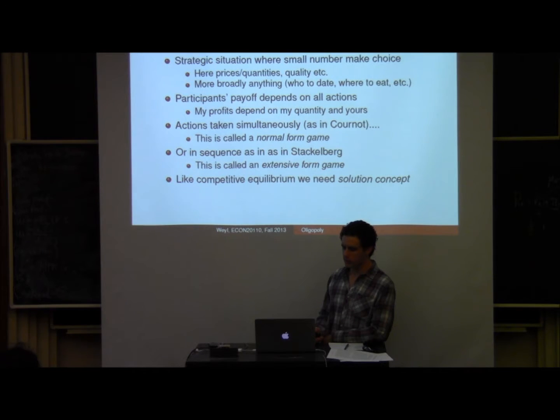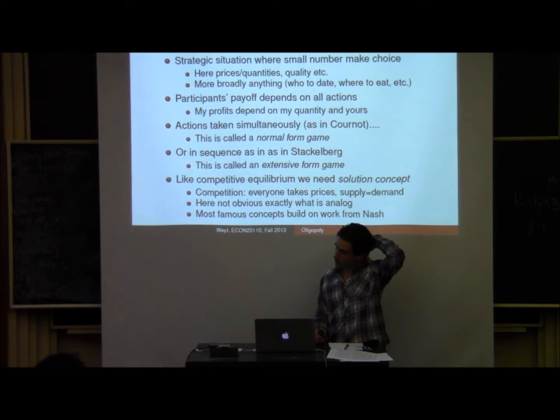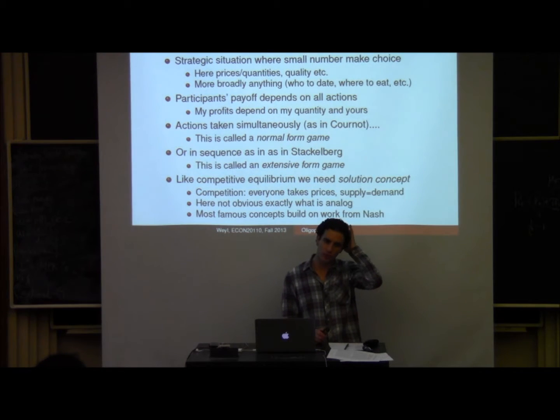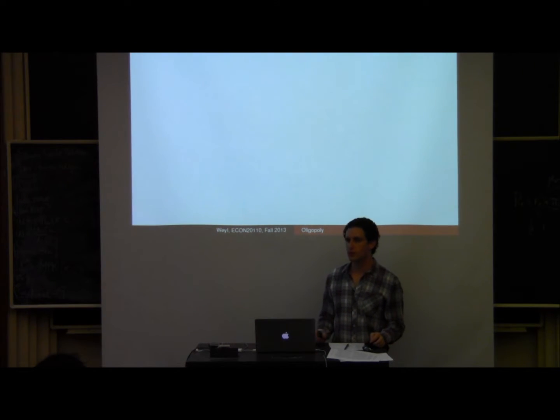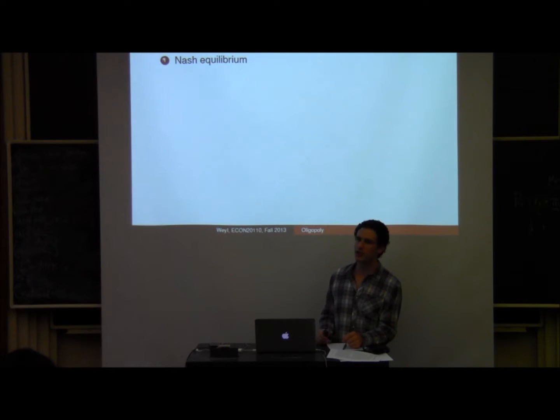And like competitive equilibrium, we need some notion of what it means to be a solution. Under perfect competition, this was when supply equals demand. Here, it's not exactly obvious what's analogous. And the most famous concept is a general version of what we've been studying so far, which was invented by John Nash. The two most famous solution concepts in this area correspond exactly to the two games we've been talking about.